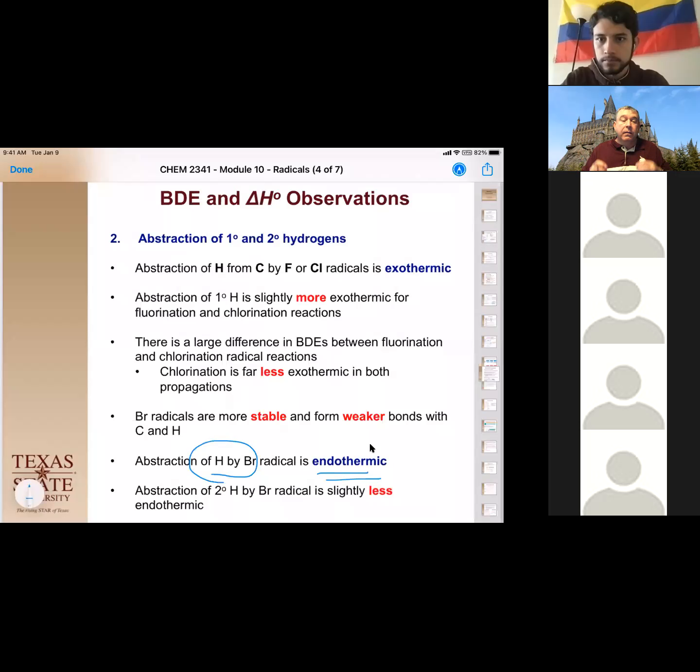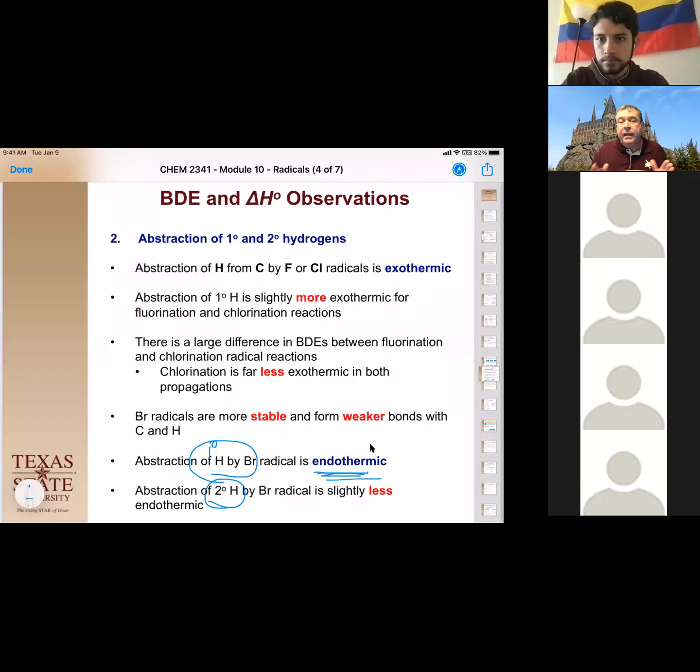And then the actual abstraction at that secondary hydrogen is slightly exothermic. So at a primary hydrogen it is endothermic, and the secondary is exothermic, meaning that when we use bromine, it would prefer to abstract that secondary hydrogen because it's the more exothermic of the two reactions.